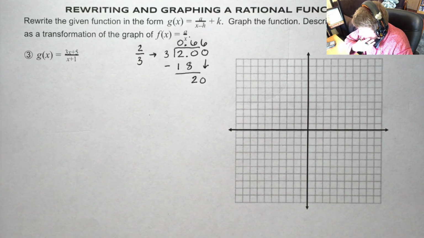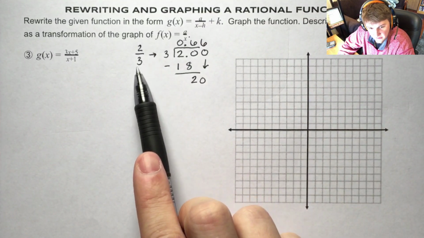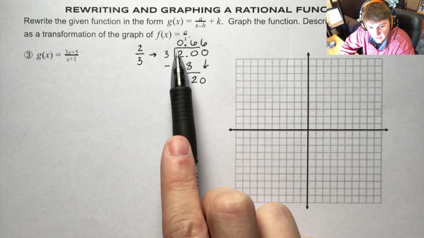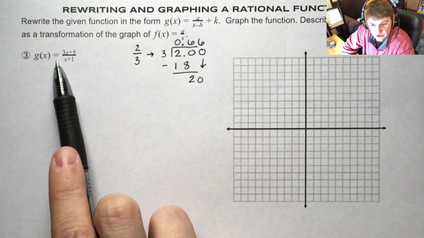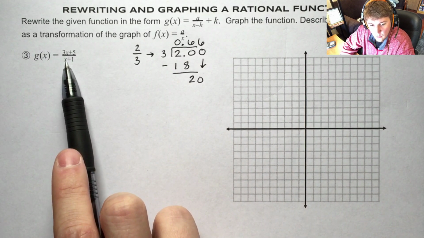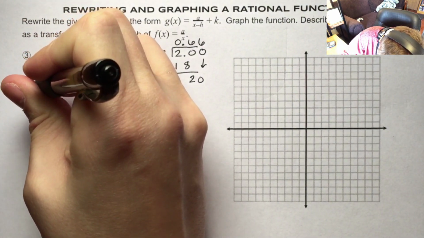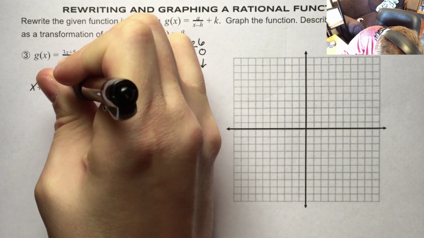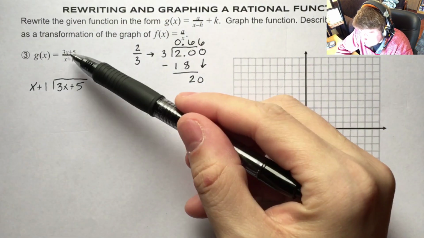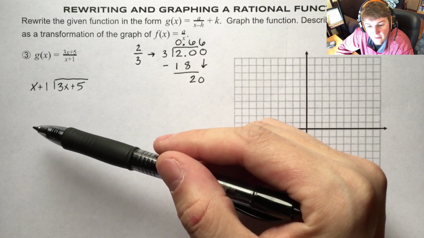But the moral of this story is that when I'm dividing 2 divided by 3, I'm pulling the 3 out and the 2 goes inside my long division. That same concept is true here, where I'm going to have x plus 1 on the outside. Basically all I'm going to be doing is rewriting this expression by doing long division because it's easier for me to graph.